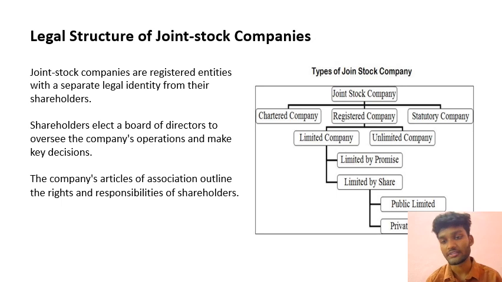The important decisions of the company, like investing and how to invest the company for much more profit, are discussed by the board of directors, who are elected by the shareholders.